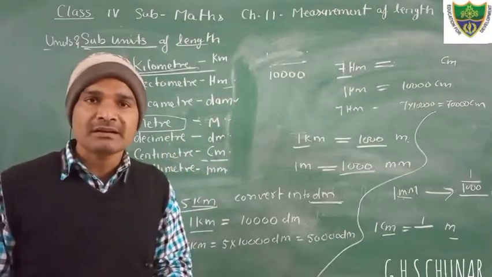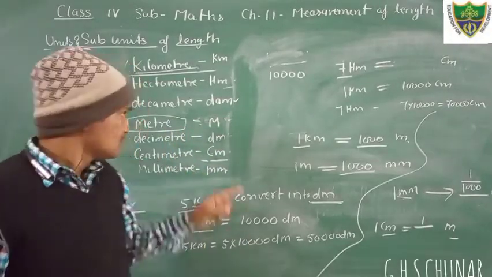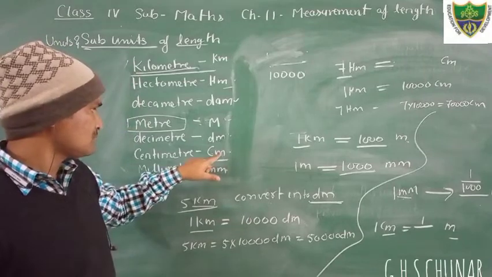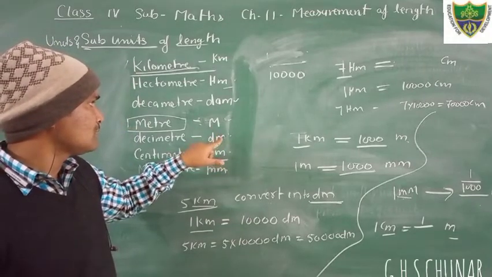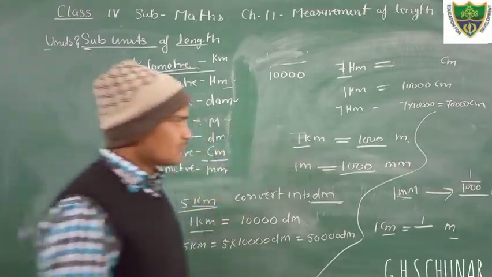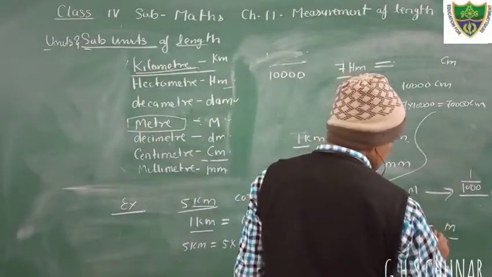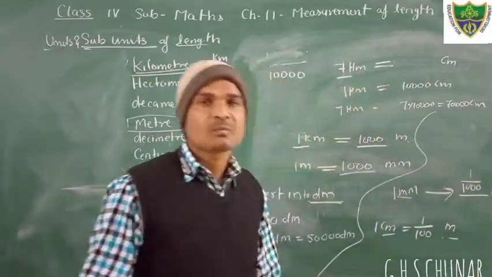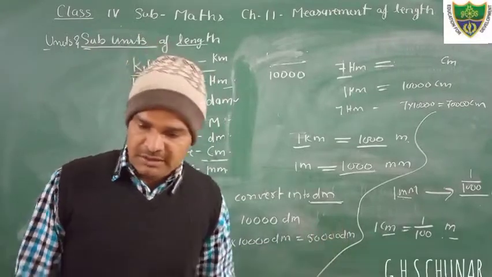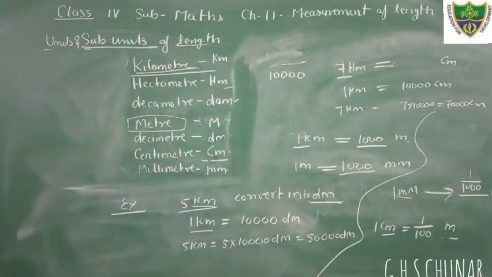To reach the meter, we will go 2 units, from centimeter to decimeter and meter. So we will divide by 100. It's clear? Okay. So you note it, and now we come to the exercise 11A. If you understand it, then there will be no problem in the exercise 11A.